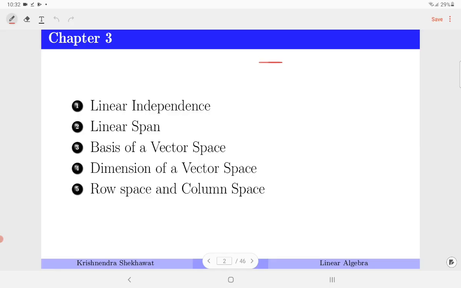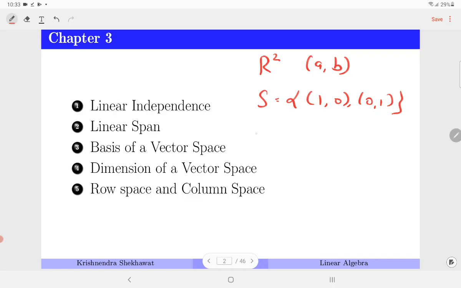So, consider the set R2 with the usual addition and scalar multiplication. Yes, so the elements of R2 are of the form (a, b). Now, if I consider set S = {(1, 0), (0, 1)}, this set is the basis of R2.